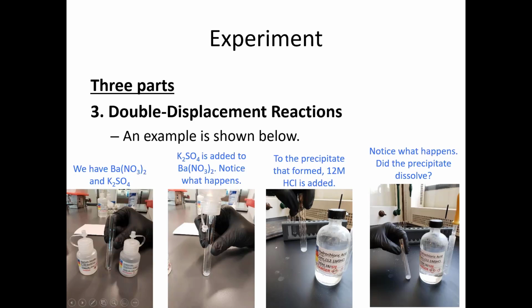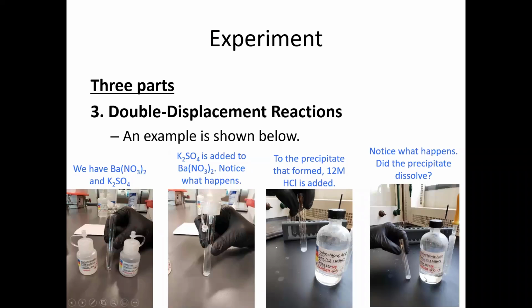And for step B, we add another reagent. In this case, it's hydrochloric acid, 12 molar hydrochloric acid. We add this acid in there and shake it. Then, did anything change in there? There's not much change.